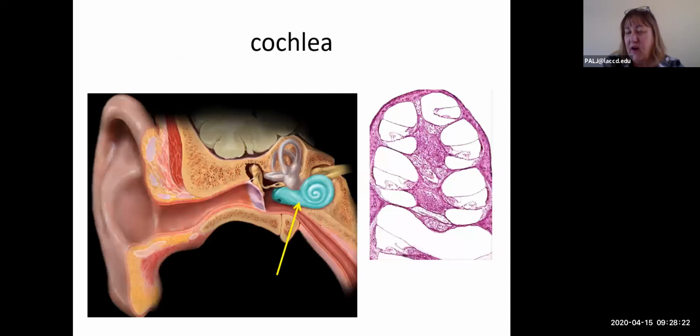And now for the third and final part of the bony labyrinth, the snail-like structure is called the cochlea. So this is a tube that basically goes around and around in a circle, and it gets smaller as you go along. So there is a photomicrograph if you cut it so that you can see it traveling around and around on the right side.